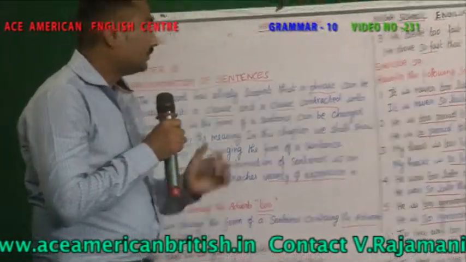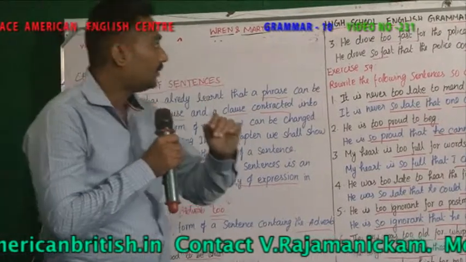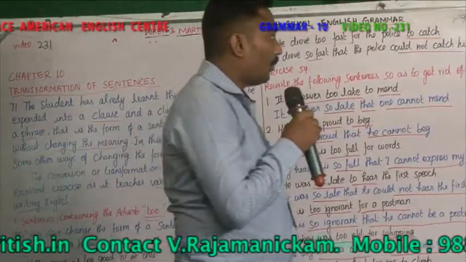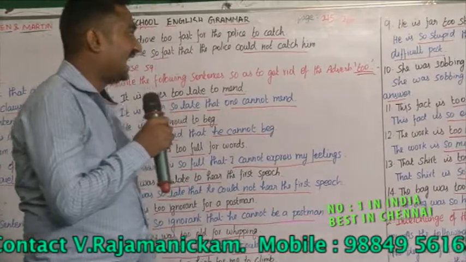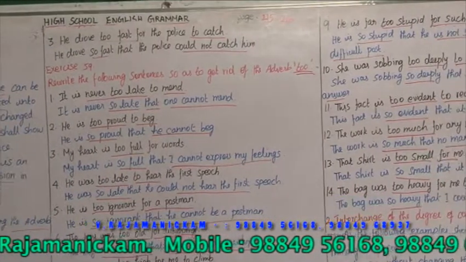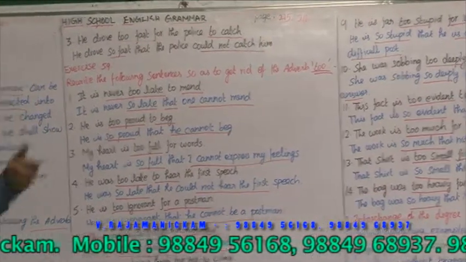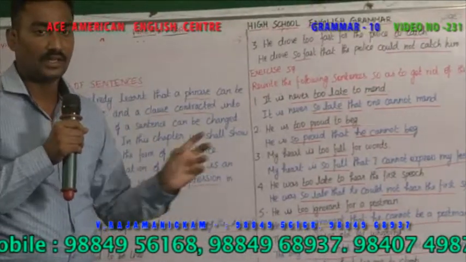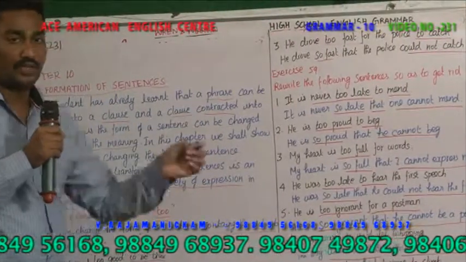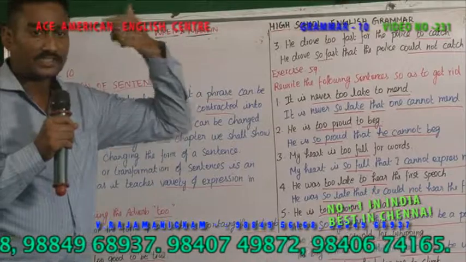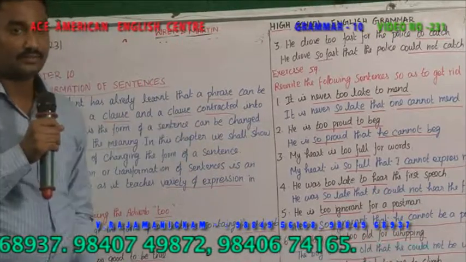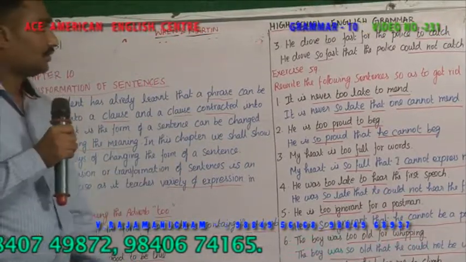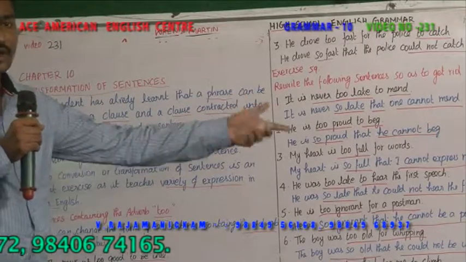Like that, the tenth one: she was sobbing too deeply to make any answer. Because she is sobbing, that means she is crying too deeply, so she could not understand the questions and make the answer. So the second sentence is: she was sobbing so deeply that she could not answer.